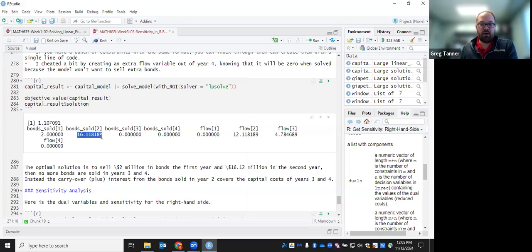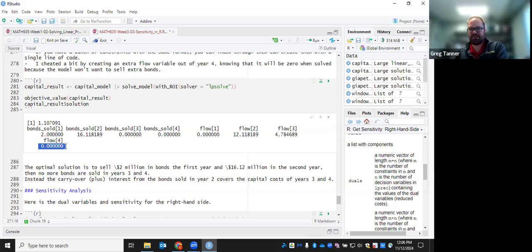Then we sell all of the rest of the bonds needed for the project in year 2 to cover year 2, year 3, and year 4, accounting for the fact that we're going to get a little bit of carryover interest on the deposits between the years. Our flow variables record how much flows from year 1 to year 2, year 2 to 3, and 3 to 4. Notice I made an artificial flow variable in year 4, which we expect to always be 0.